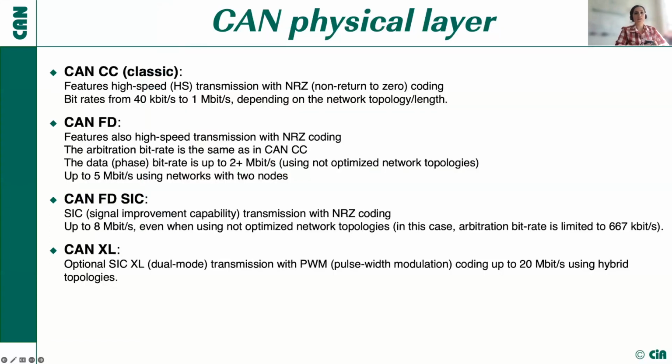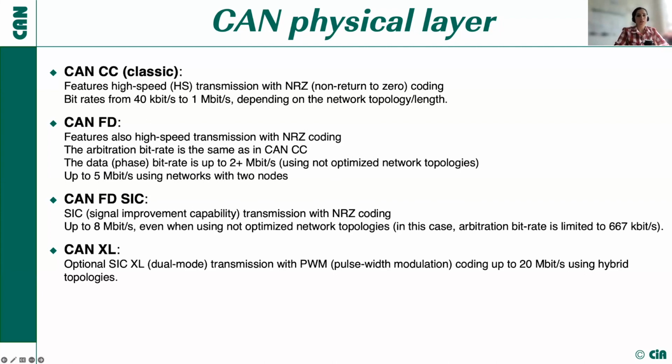So I would like to talk about the CAN physical layer. Here you can see the four different CAN transceivers. They are compatible, but under some conditions that you need to be aware of regarding the configuration possibilities.